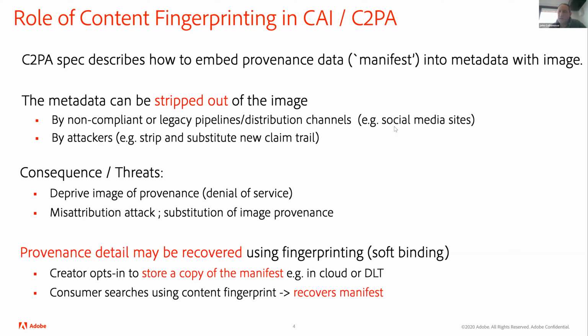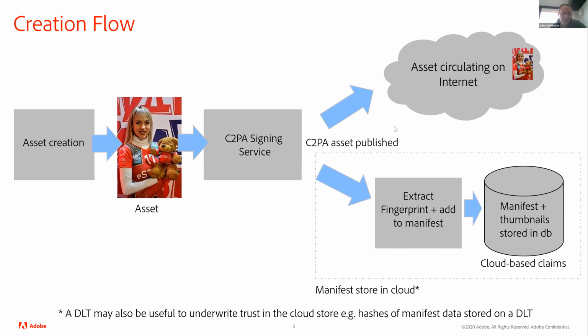And then when a consumer encounters that image that's been stripped of its metadata, they can nevertheless establish a lookup and retrieve that metadata, and so recover the manifest and be able to then make an informed trust decision about that content. So the creation flow would look something like this.